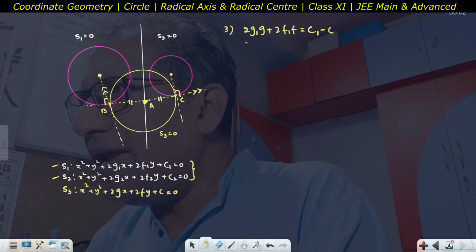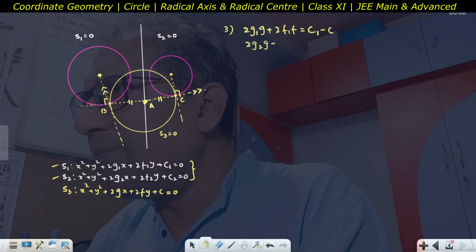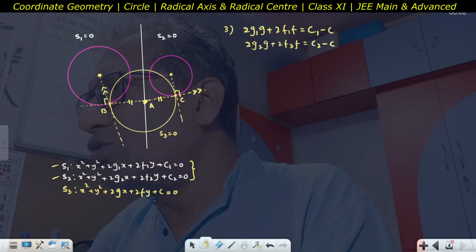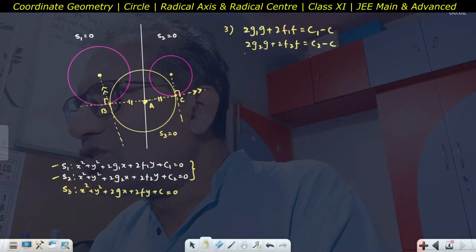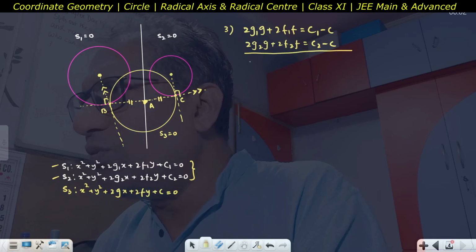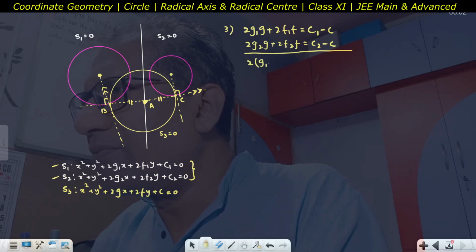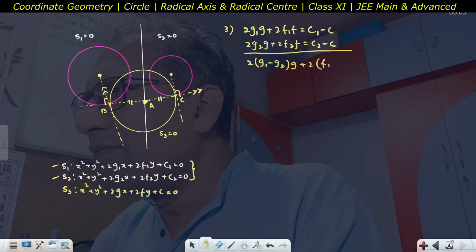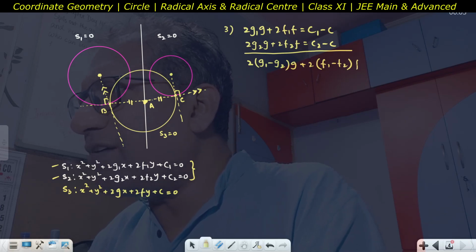So we will say 2g2g plus 2f2f equals C2 minus C. Okay. So let me just subtract these two. We are going to have 2(g1 minus g2)g plus 2(f1 minus f2)f equals C1 minus C2.